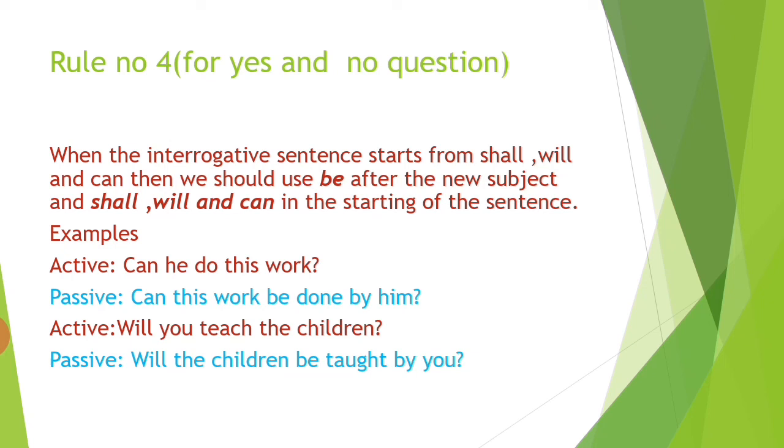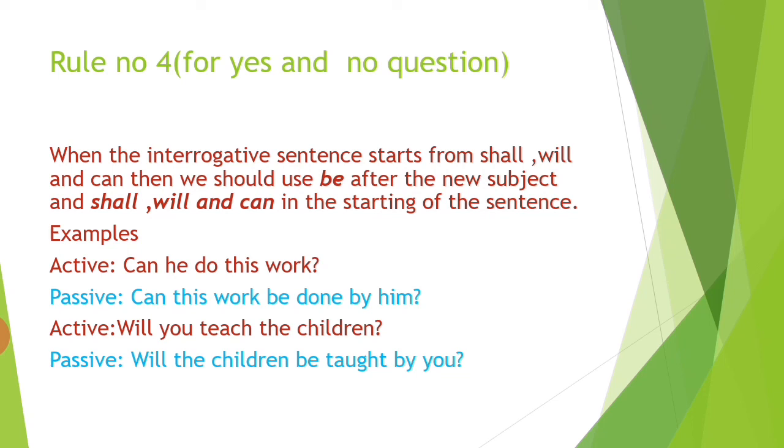Rule number 4. When the interrogative sentence starts with shall, will or can, then we should use be after the new subject and shall, will and can in the starting of the sentence. See the example. Can he do this work? While changing into passive voice, very first we will put the verb, that is can this work, then we will use be.